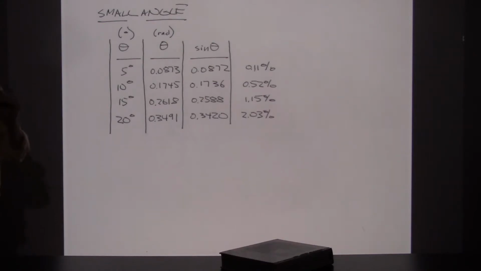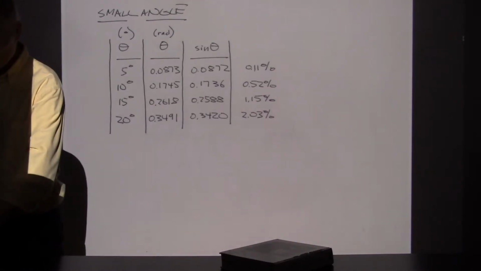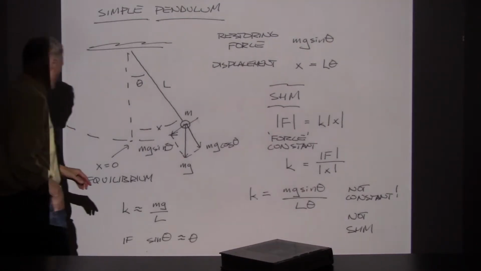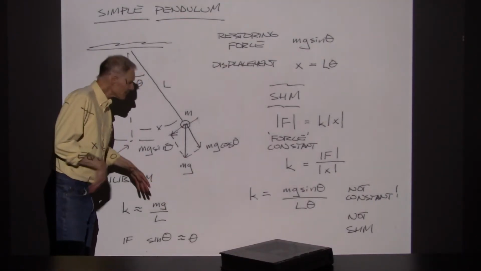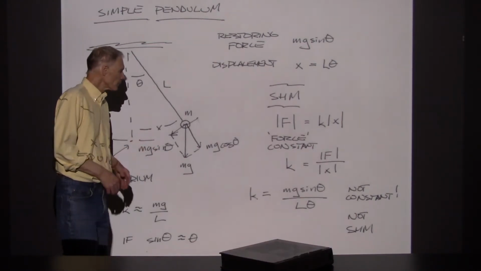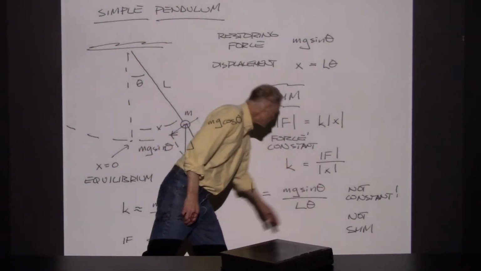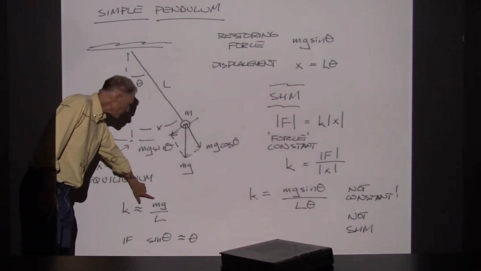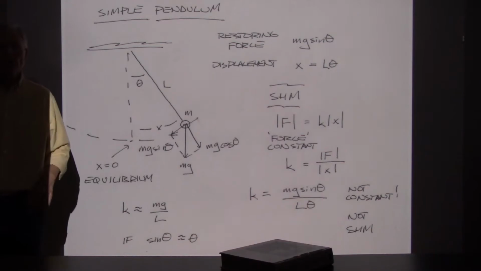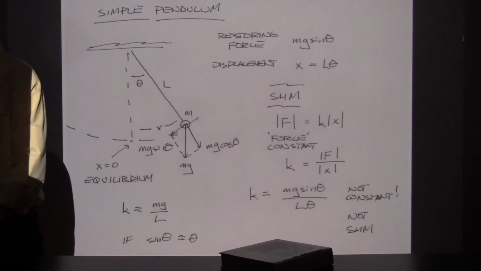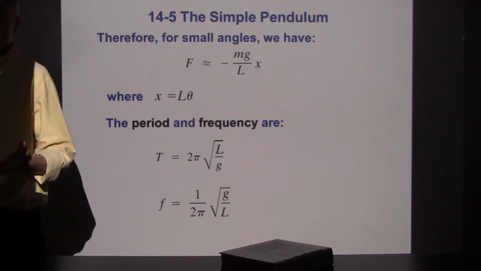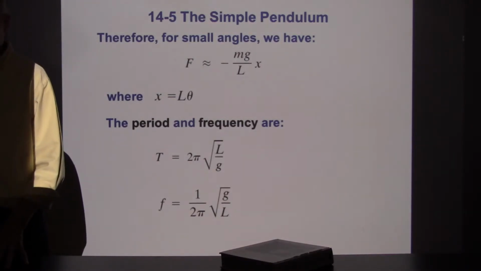It's still not exactly simple harmonic motion, but it's pretty close. So for that, what we do is we say sine theta is approximately theta, and we cancel these out, and we say that there is a force constant given by mg over L. So that's our analysis for simple harmonic motion, or roughly simple harmonic motion in a pendulum.